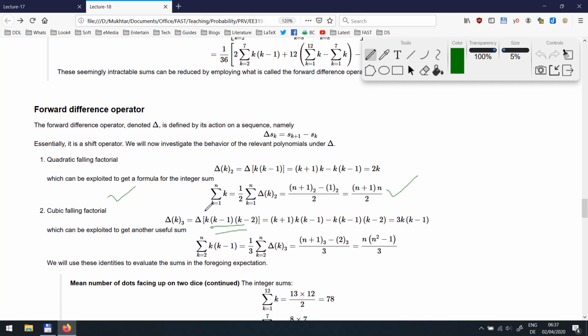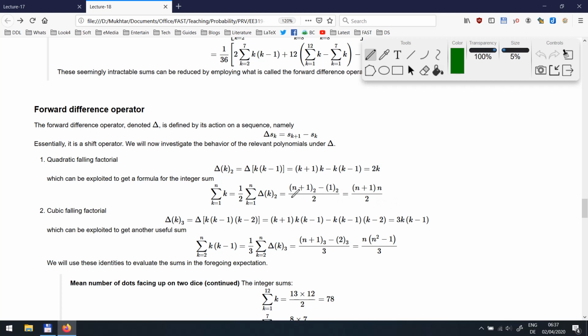Apply this difference operator, the original sequence subtracted from the shifted sequence. Remember, k becomes k plus 1, k minus 1 becomes k, k minus 2 becomes k minus 1. Simplify and you get that expression. Now let's see what happens.